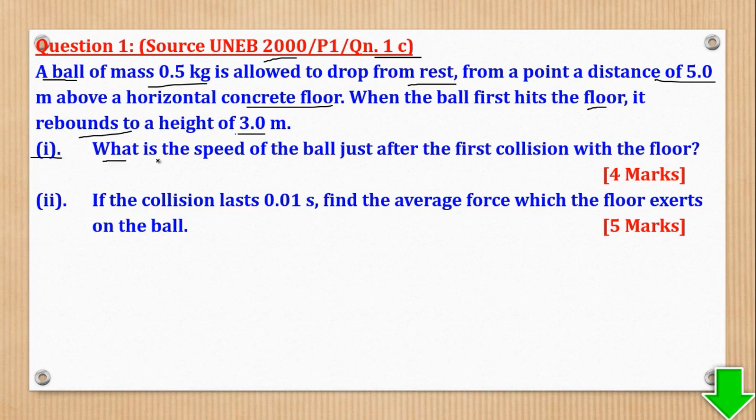Roman 1. What is the speed of the ball just after the first collision with the floor? Roman 2. If the collision lasts 0.01 second, find the average force which the floor exerts on the ball.